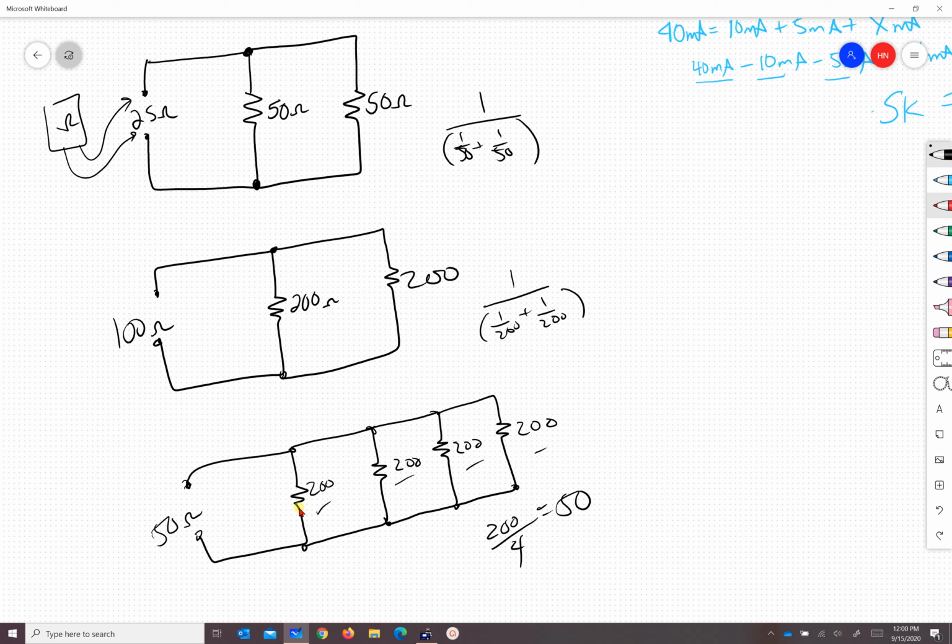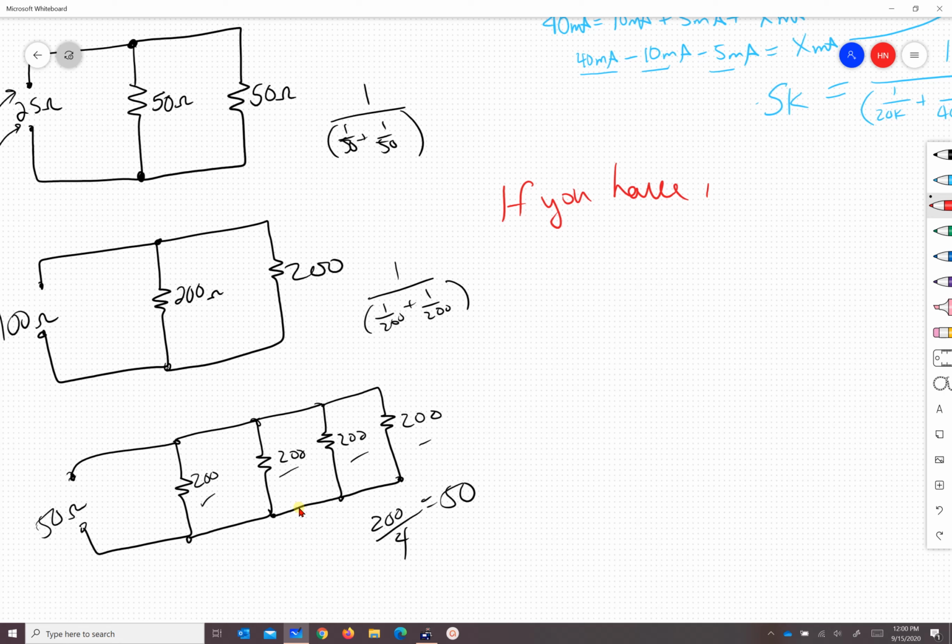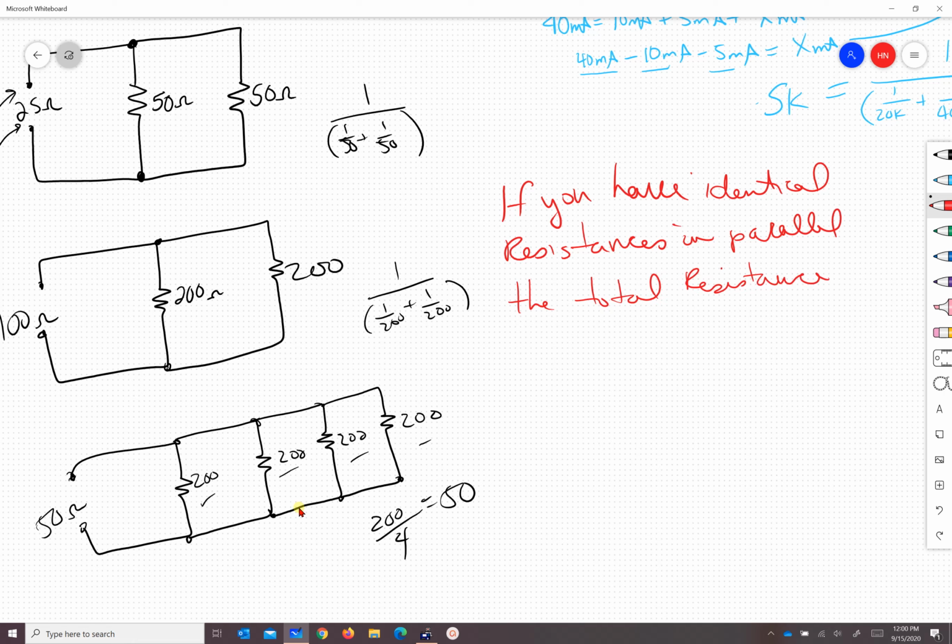So in short, if you have identical resistances in parallel, the total resistance is the value divided by the number of pathways.